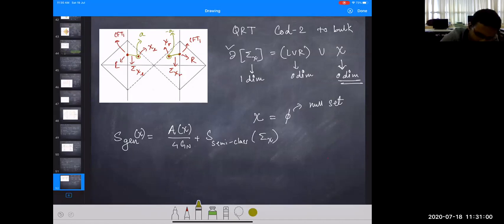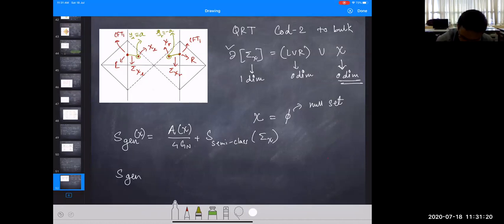These are in y L coordinates, and this is in y R coordinates. So when I have such an extremal surface, on this slice, this is what I should write.